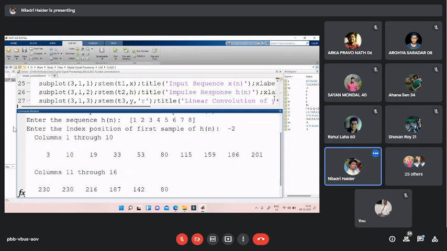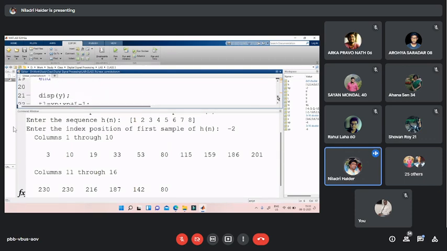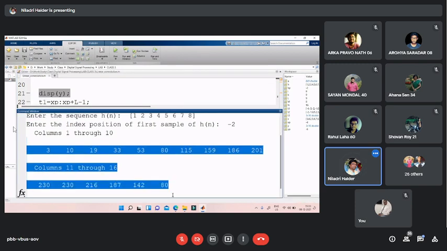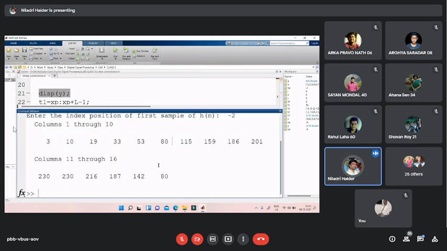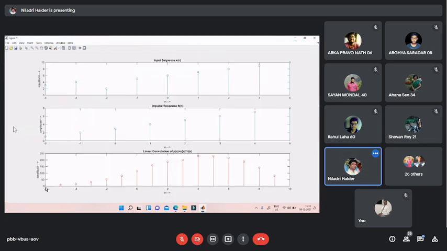Display Y mentioned here will display the Y, or if you don't use the quotation, that also will display the result. Total 16 results. The first value is 3, at minus 6, then 10, then 19, like that. If we zoom it, you can clearly understand that it is not 0, it is 3, then the respective values. So that is the final result of your linear convolution.